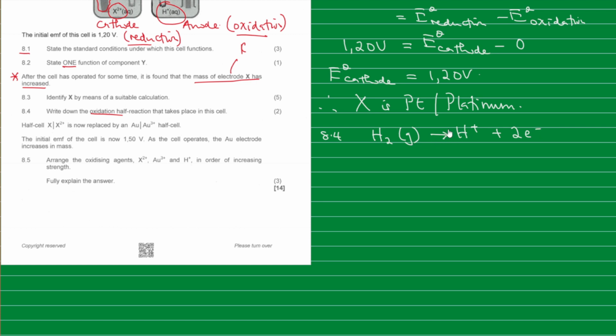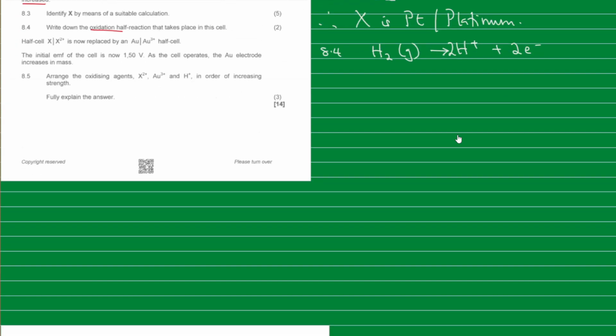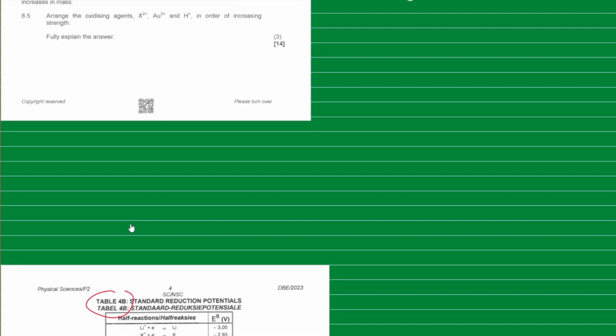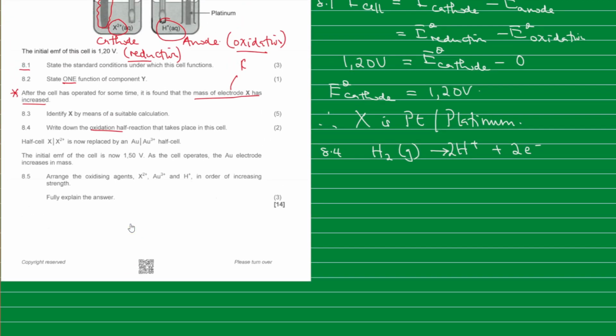Okay, now because there are two electrons, we have to have 2H plus. Just copy this one here, which is 2H plus 2e, and that gives you our equation for the oxidation half reaction.